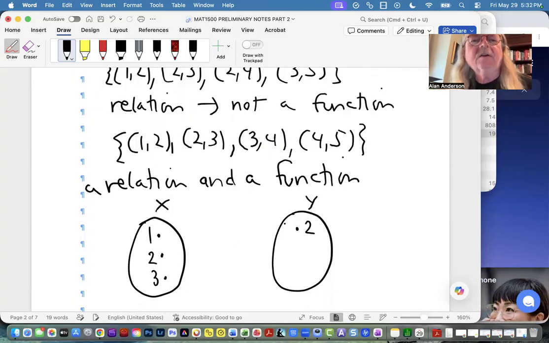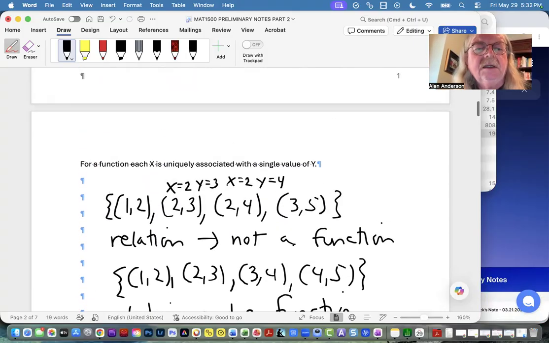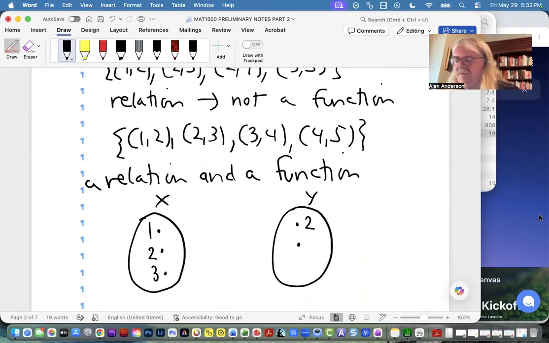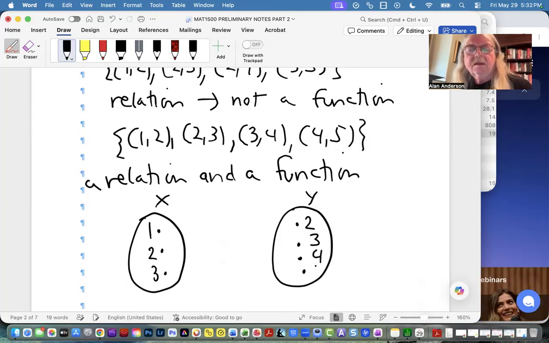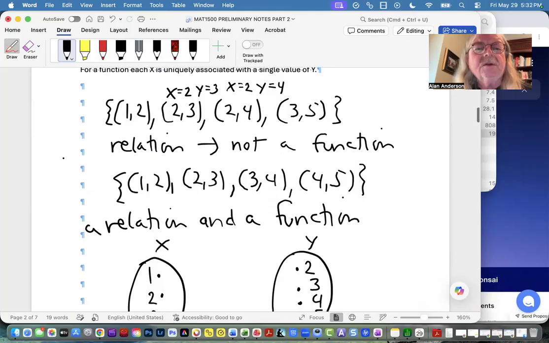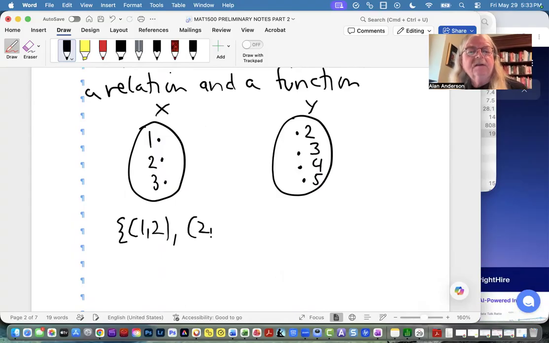You may remember seeing a graph like this in your travels. Okay, here we go. So if you look again at this set of ordered pairs, 1, 2, 2, 3, which you already know is not a function.